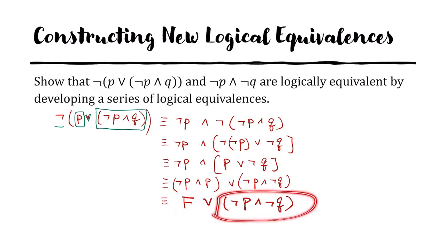So if this part is true, then it will make the statement true. So when you have an OR relation with a false statement, you can ignore this OR. The answer will depend on the proposition we have not found yet. If this is true, it will still make this proposition true. If this is false, it will make it false. So you can ignore the OR contradiction. So you will have not P and not Q.